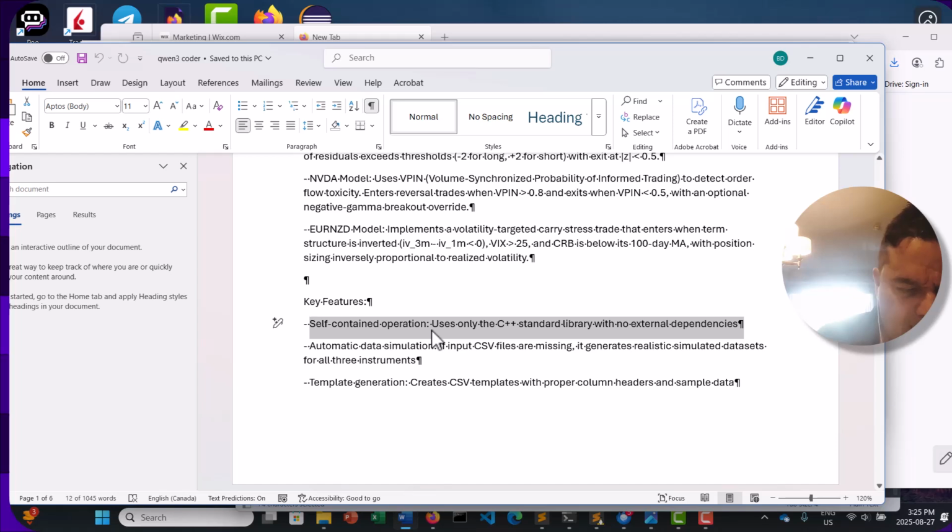Self-contained operation, similar to what HFT shops use, only the C++ standard library with no external dependencies. That's to remove as much bloat as possible with third-party dependencies. Automatic data simulation: if the input CSV are missing, it generates a realistic simulated data set for all three instruments.